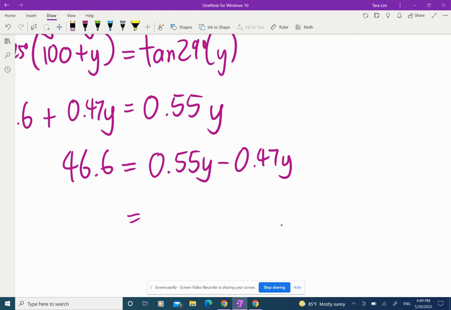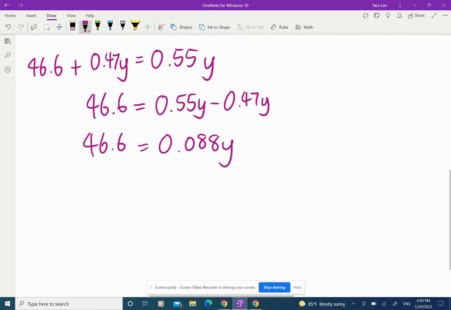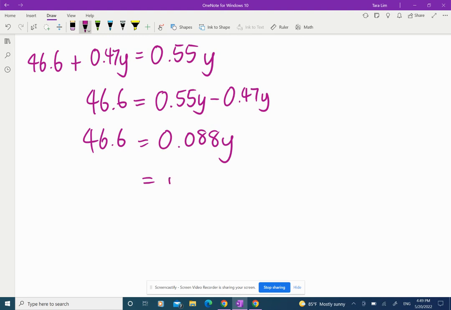So for accuracy, you want to put the actual number on your calculator instead of this number because it's not accurate enough. So I'm going to do this minus this, and on my calculator it says 0.088 y is equal to 46.6. Yeah, there's a lot of steps. Please be patient. Thank you.